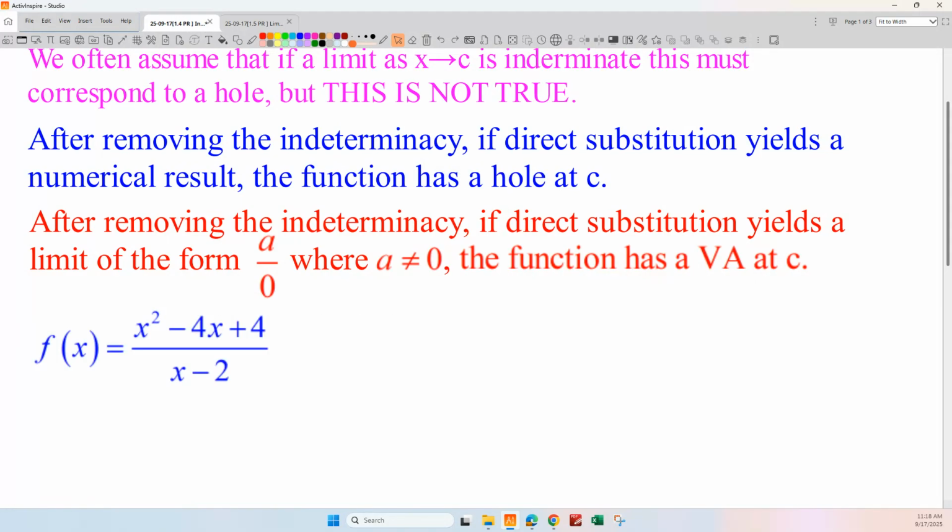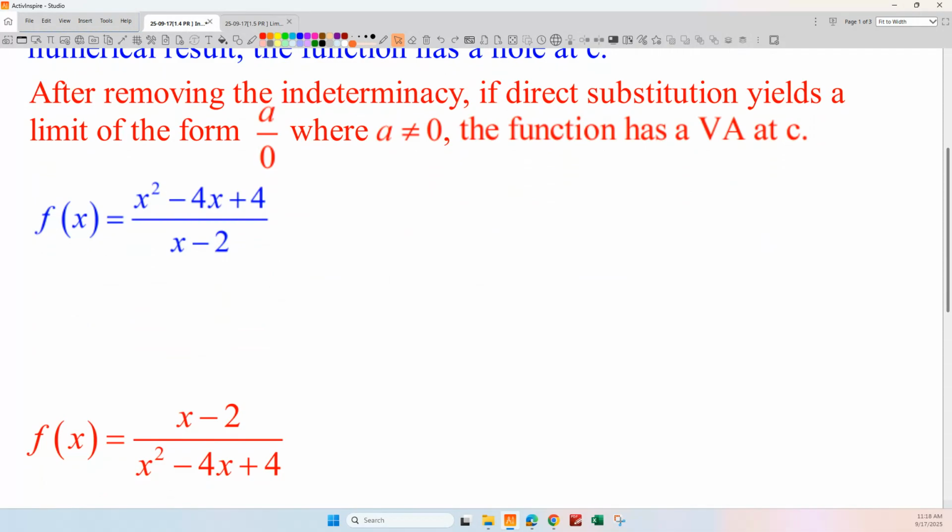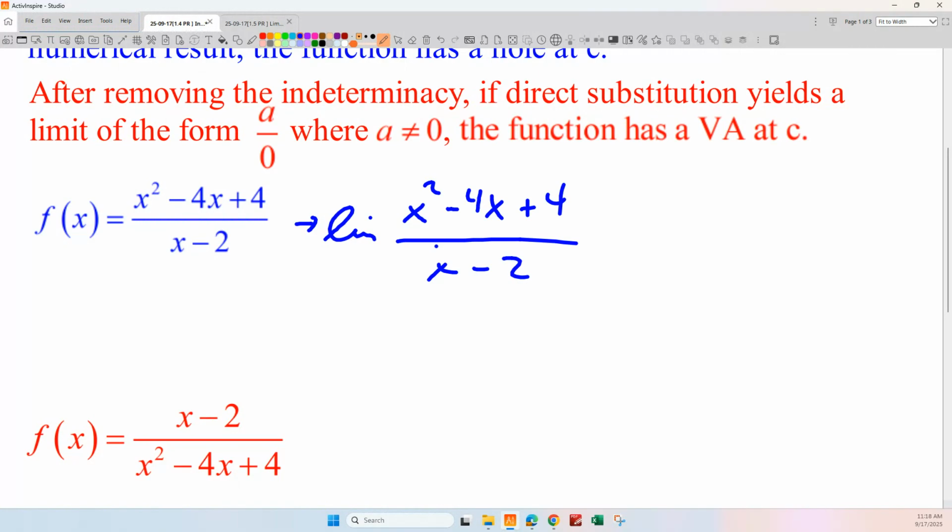Like what about this guy, for example? If I try to take this limit as x approaches 2, call this f of x, the limit of x squared minus 4x plus 4 over x minus 2 as x approaches 2, if I try to evaluate directly, what do I get? Indeterminate, 0 over 0, right? So what would I do? Factor the top.